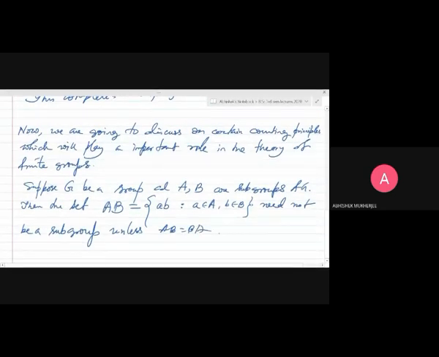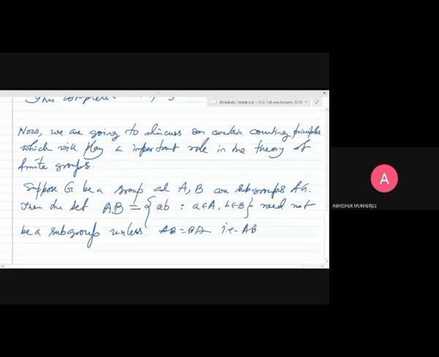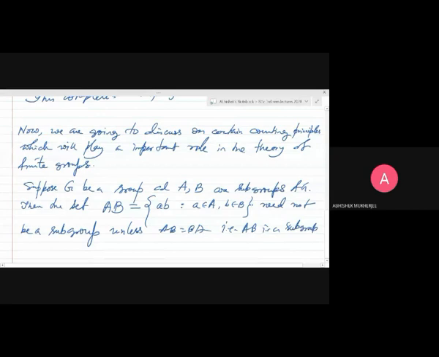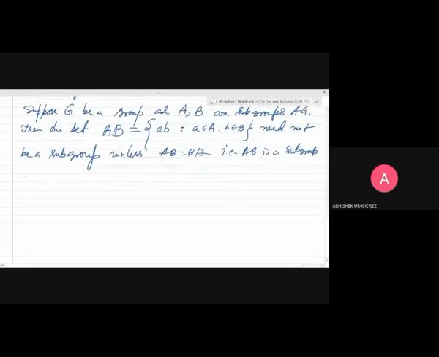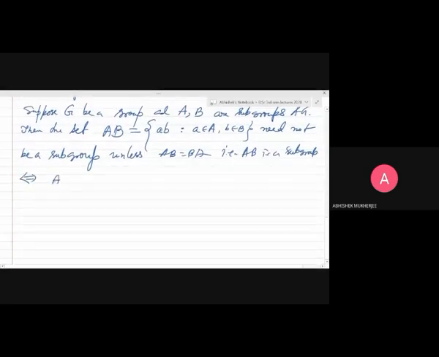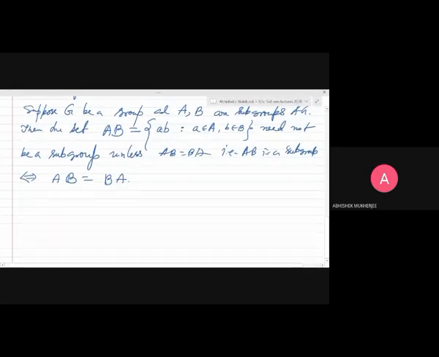That means AB is a subgroup. We have already proved this, if and only if AB is going to be BA.